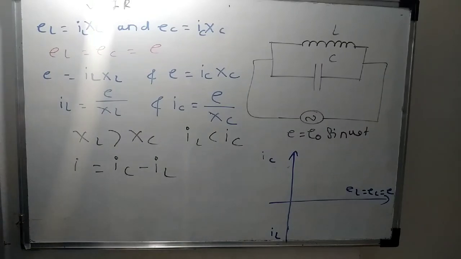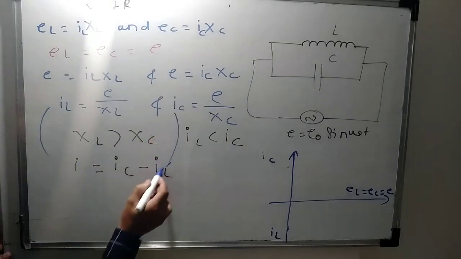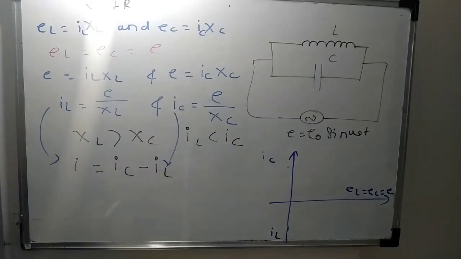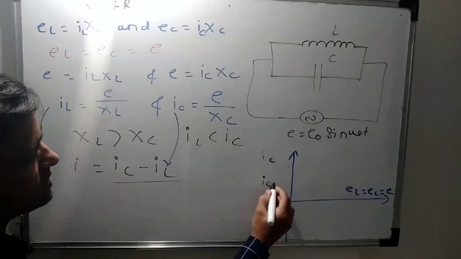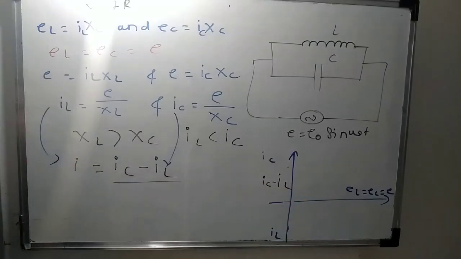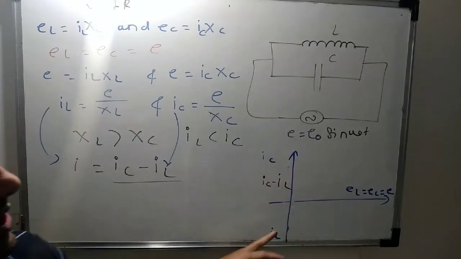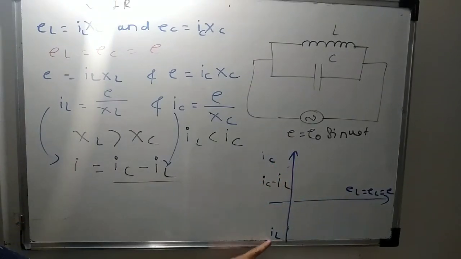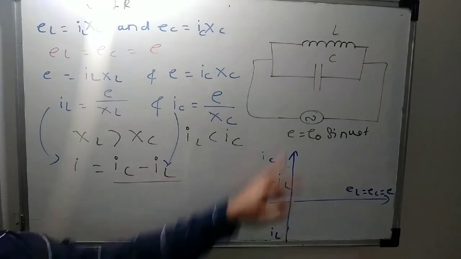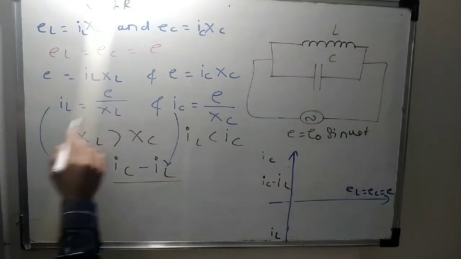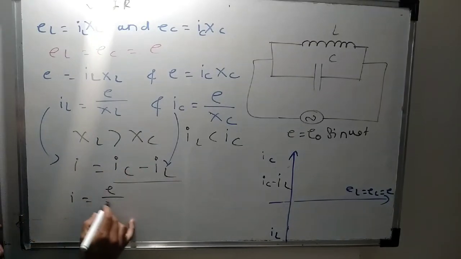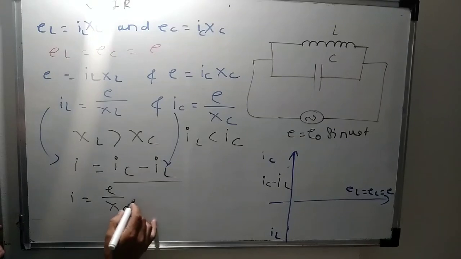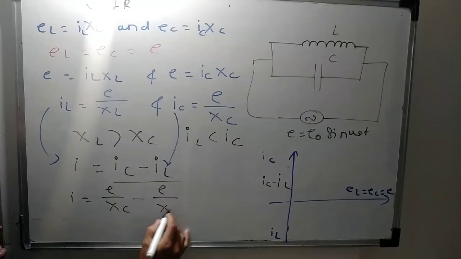Because IC is greater than E and IL is smaller than E, the resultant current I shifts towards the positive y-axis. Putting the values of IL and IC in this equation, we can write I equals E upon XC minus E upon XL.